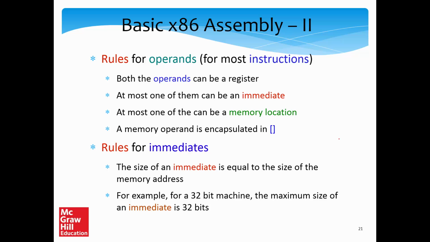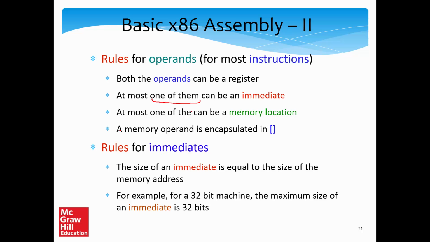Here are some additional points. At most one of them can be an immediate. Both cannot be an immediate or a constant, because that is meaningless. One of them has to be a variable, which means stored in a register or memory. At most one of them can be an immediate.